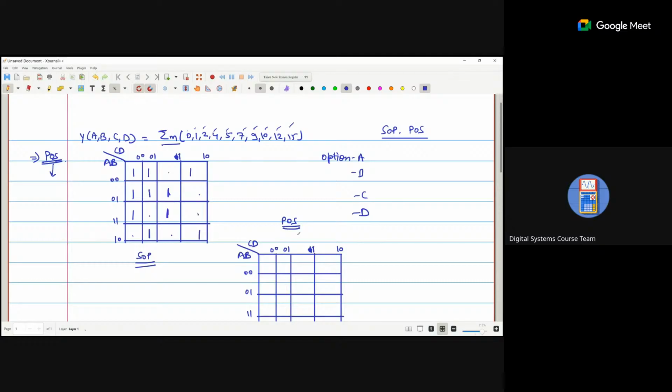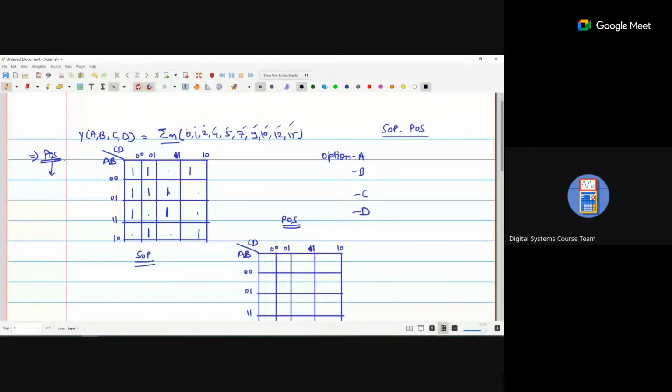Okay. Now we can create groups. One group is this one. One group I can create in this form, one in this one, one in this form, and one in this form.